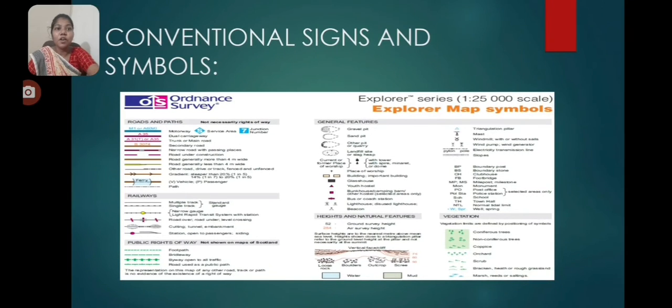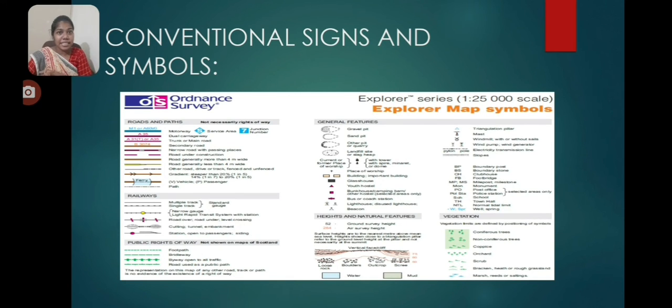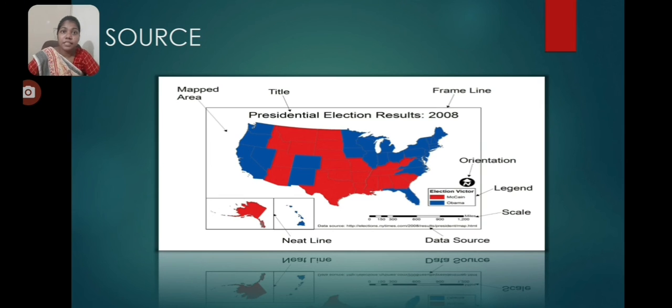So let's recall what we learned. Conventional signs and symbols is the 7th component. The 6th component is map projection and locational information. The 5th component is source. And also I want to mention the key. Key is also like symbols. We need to know the key.